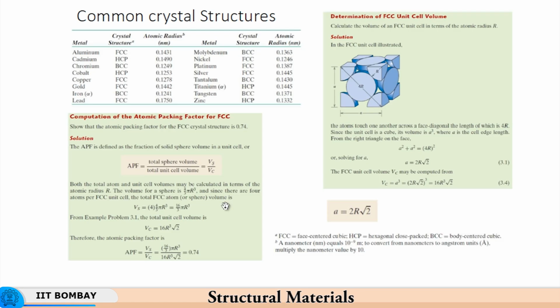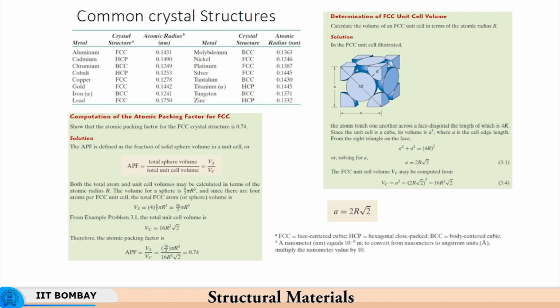So, you have the atomic packing factor for different structures. It is the volume of spheres to the volume of the total cell. Now, this depends on the structure, whether it is FCC, BCC or HCP, because the total sphere volume depends on the number of atoms per unit cell.